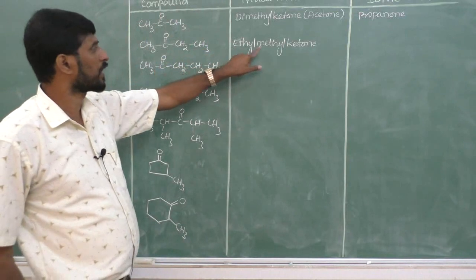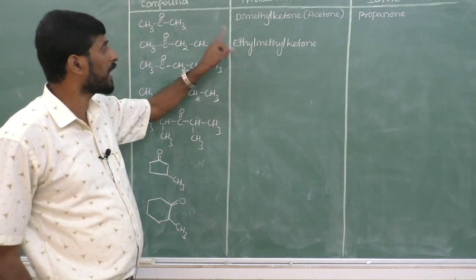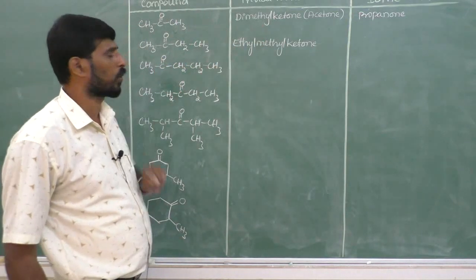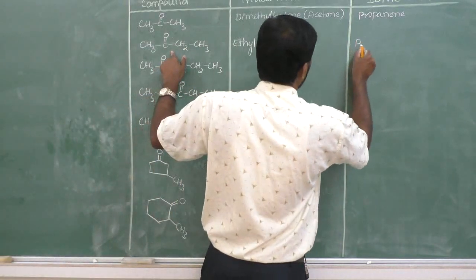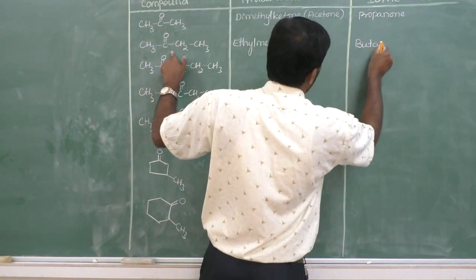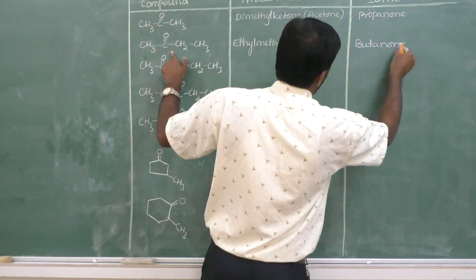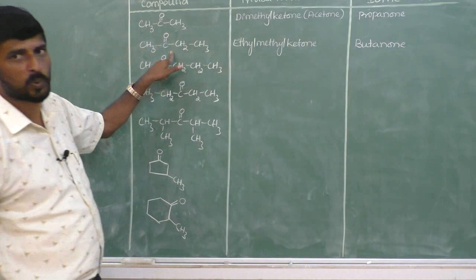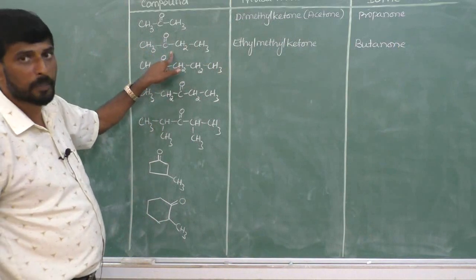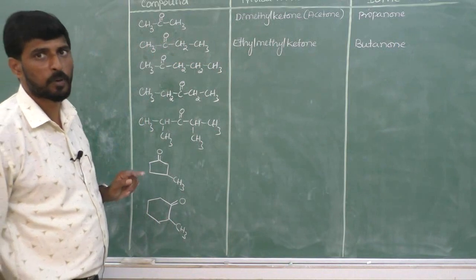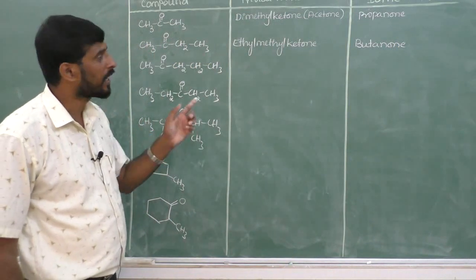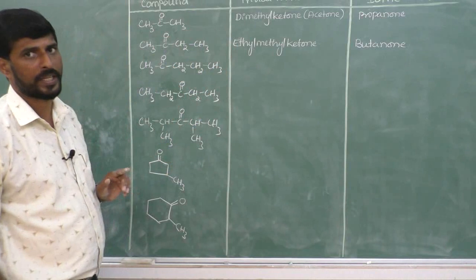E comes first, M comes later. Therefore, it should be ethyl methyl ketone. What is the IUPAC name? The IUPAC name is butanone. Why is it butanone? Because it contains 4 carbon atoms. The corresponding hydrocarbon is butane, and the last E is replaced with ONE.